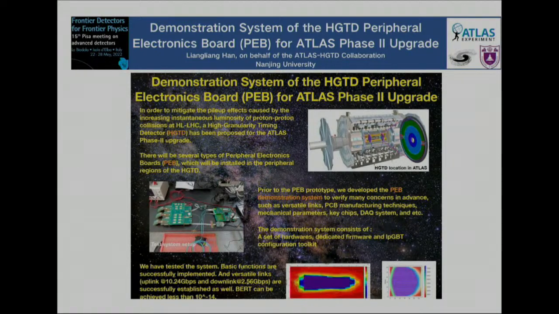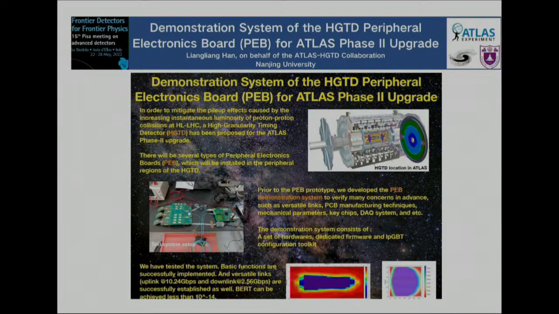Now we come to some of the LHC experiments, here for ATLAS. High granularity to cope with the high luminosity and fight against pileup. This is a feature which we see in many detectors. And here, in order to cope with the high granularity, ATLAS is developing a peripheral electronics board.